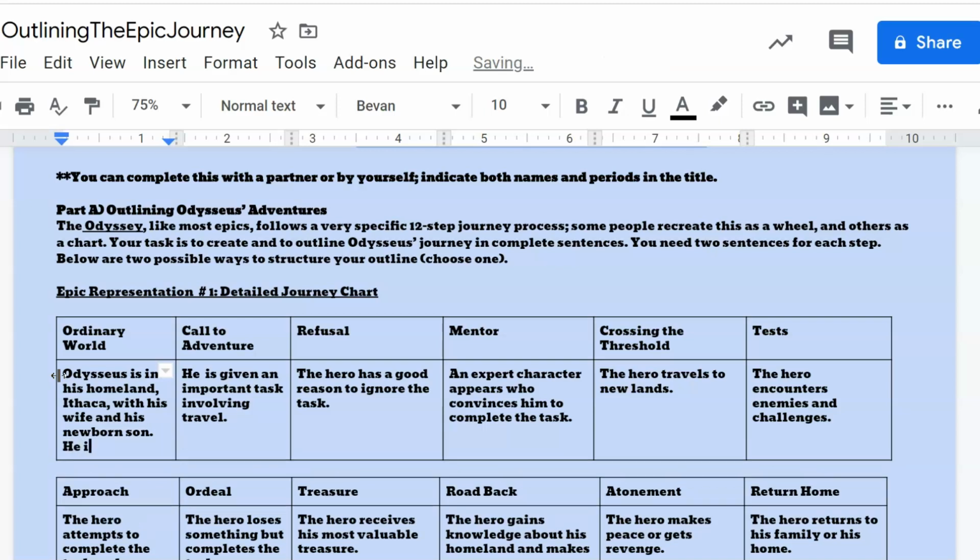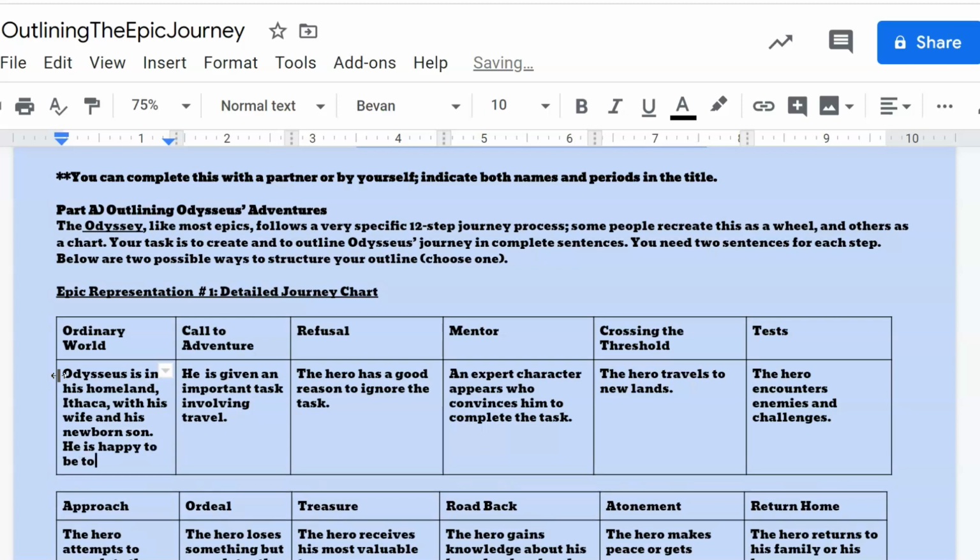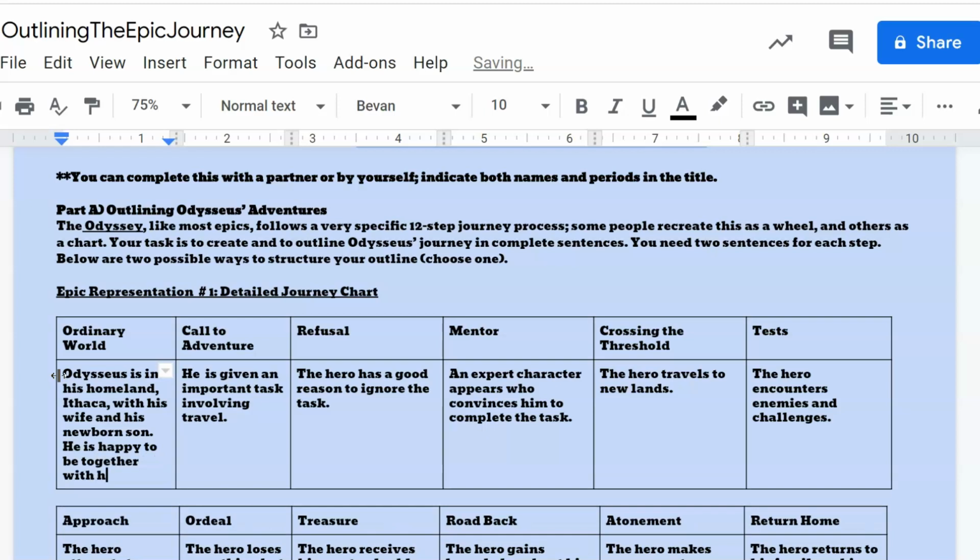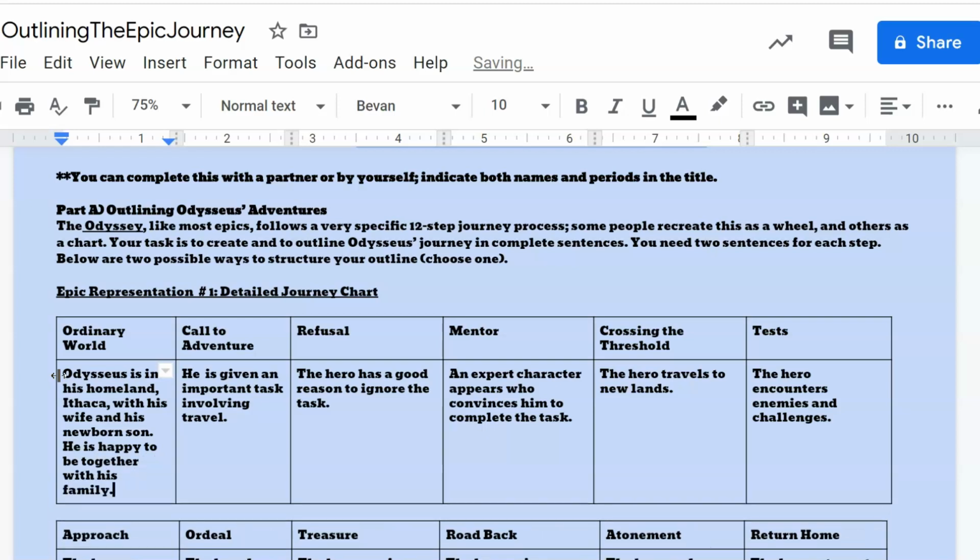He is happy to be together with his family. And then I would be all done with that section. And then you're going to keep going all the way down here to the end.